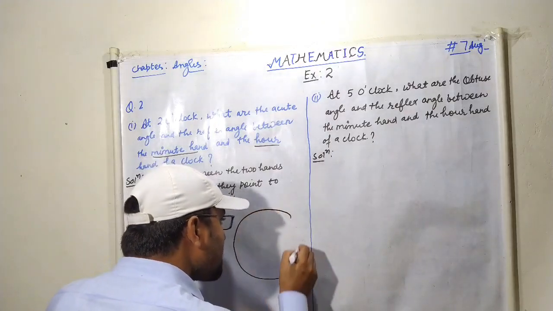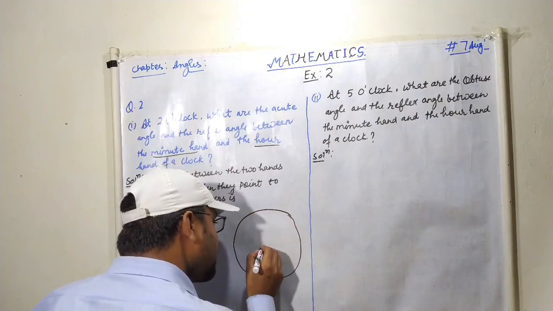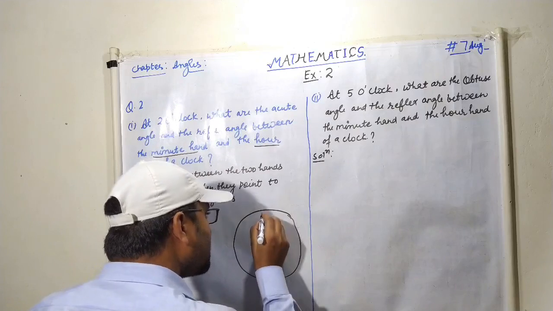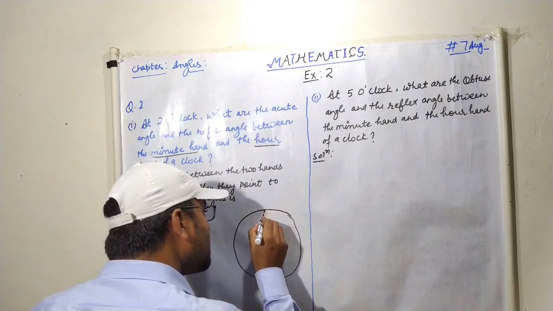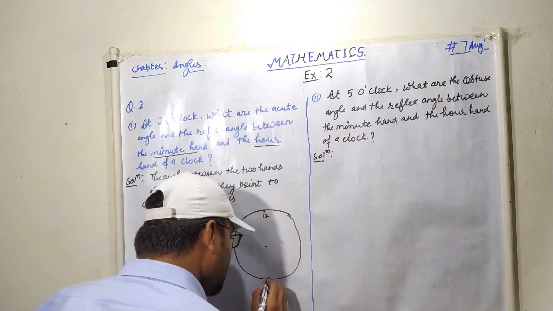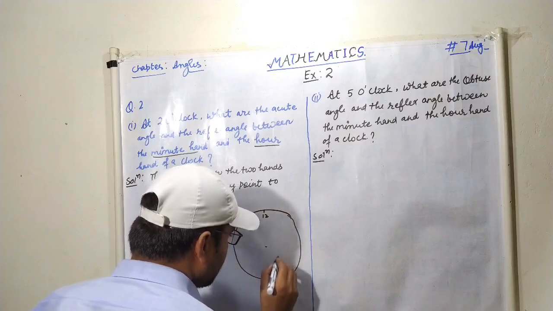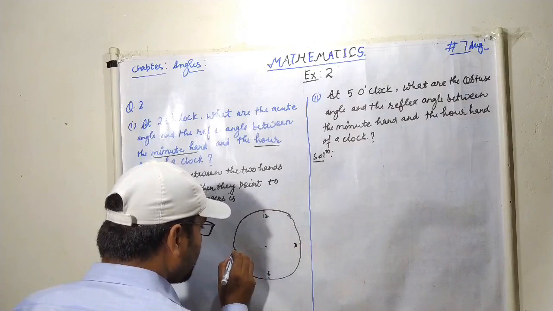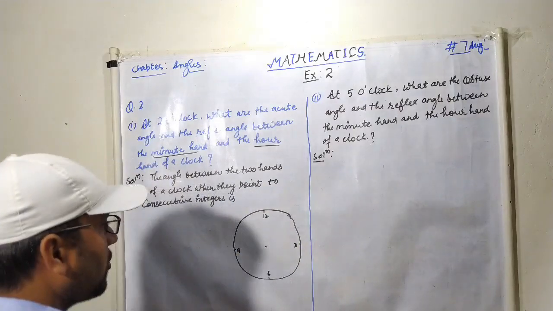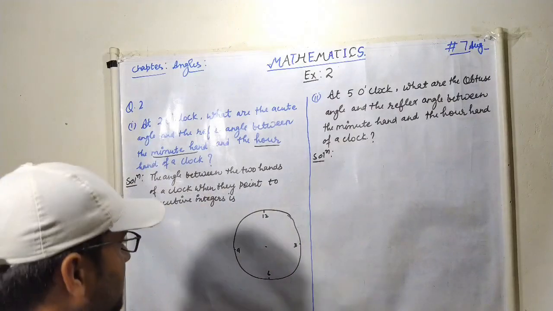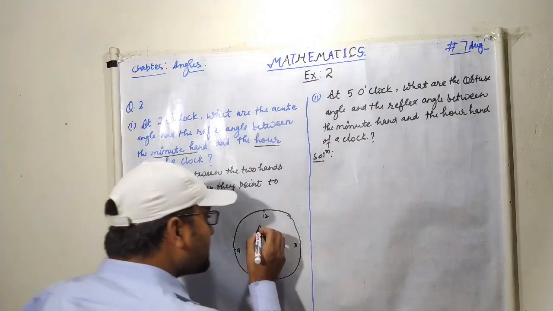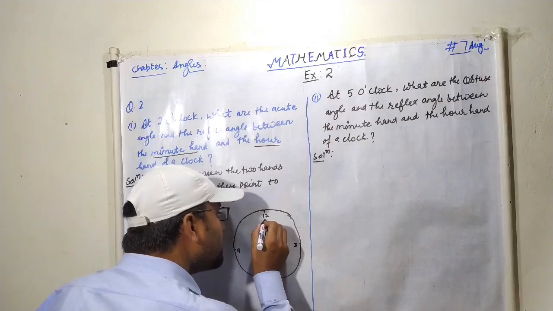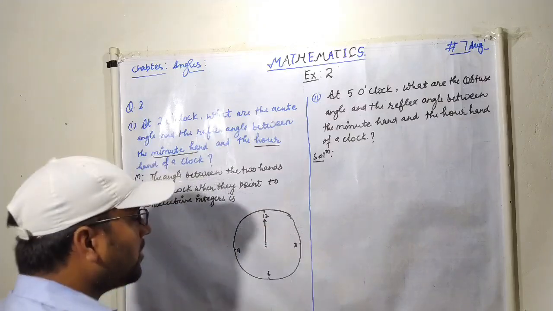Okay, here students, this is 12, this one is 6, this point is 3, and this one is 9. This is the important part of a clock. And this represents the minute hand, which is bigger than the hour hand.